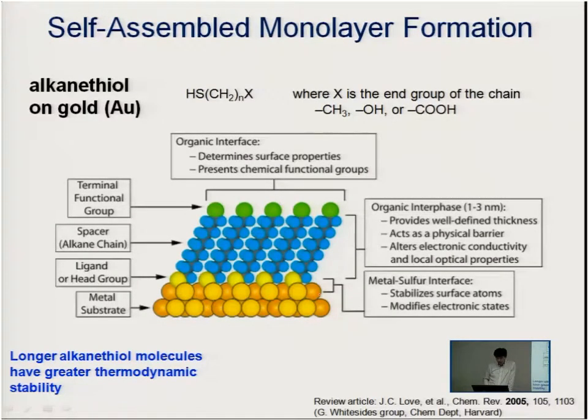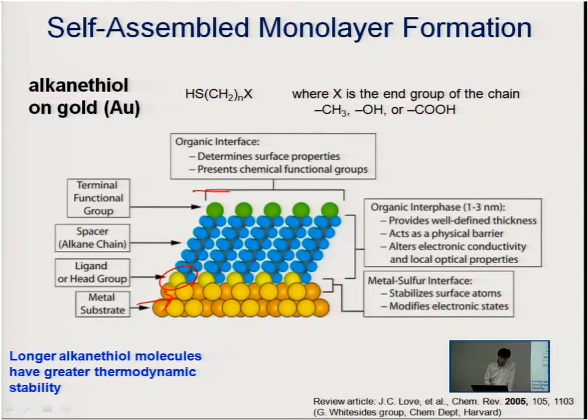As the ligand material approaches the surface, it comes down. Actually, the ligand material has two ends. One functional group can bind to one end, and another functional group can bind to the other end.